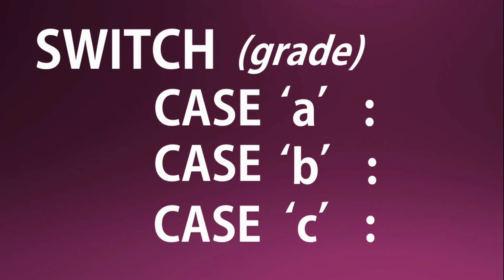This is a fantastic little structure. It's especially useful for menuing type options, where the user is going to provide you with a menu choice, and then you process different logical flows based upon the menu choice that the user gives you.